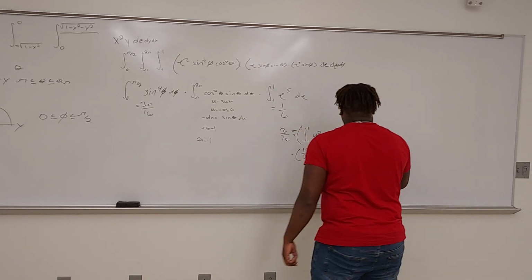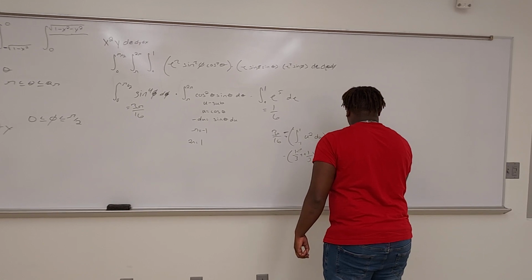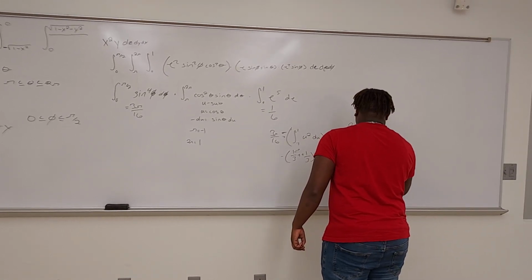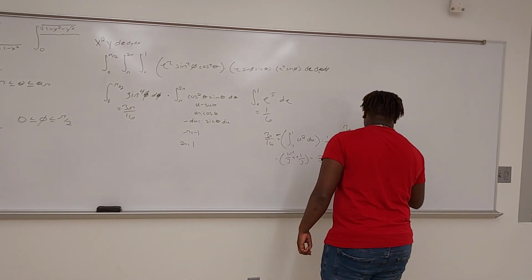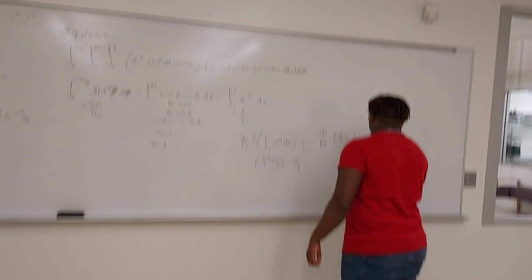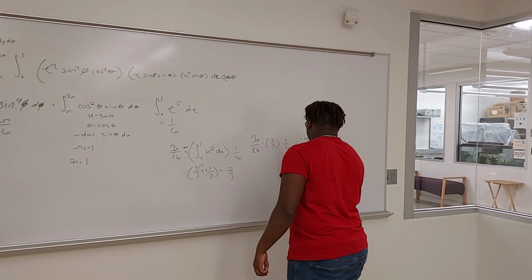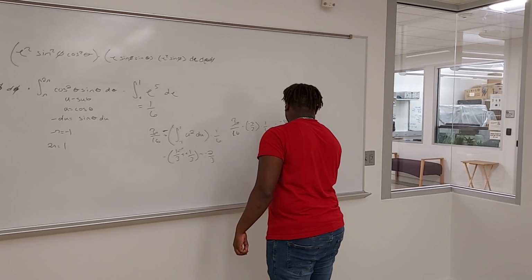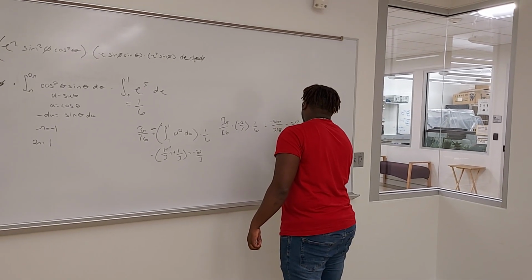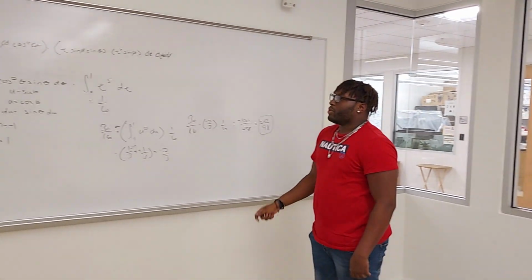So we multiply that now, so it'll be 3 pi over 16 times -2/3 times 1 over 6, which will equal -6 pi over 288, which simplifies to -pi over 48. And that's the answer for number 9.